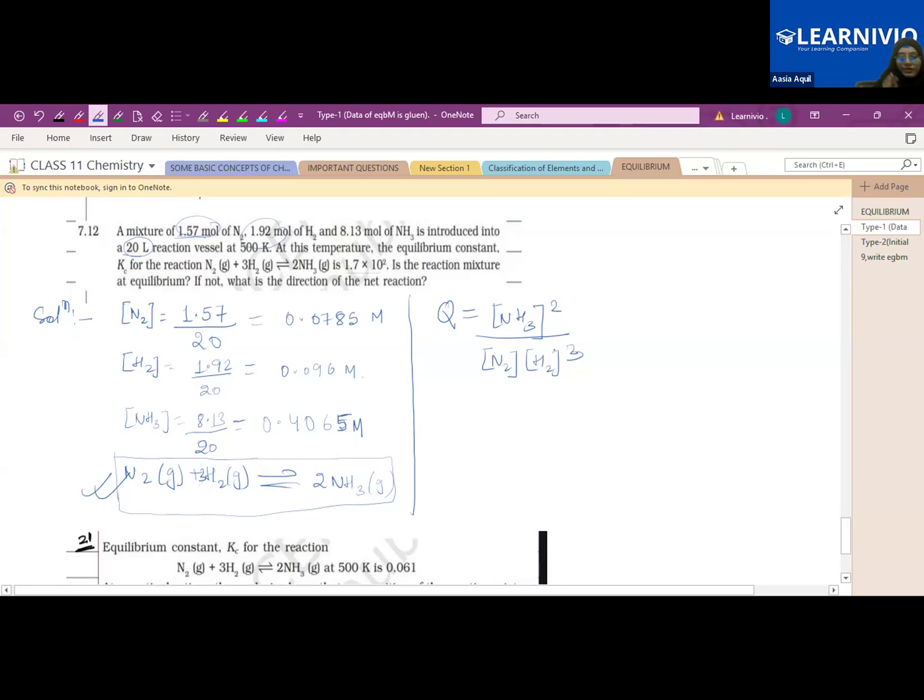Now we know the concentration of each and every term. Just substitute and solve it. For ammonia, the concentration is 0.4065 square. For N2, it's 0.0785, multiplied by H2, 0.096 cube. Just quickly solve it.